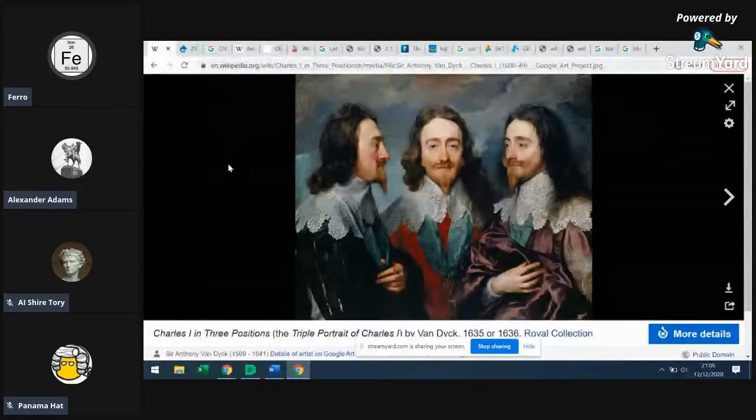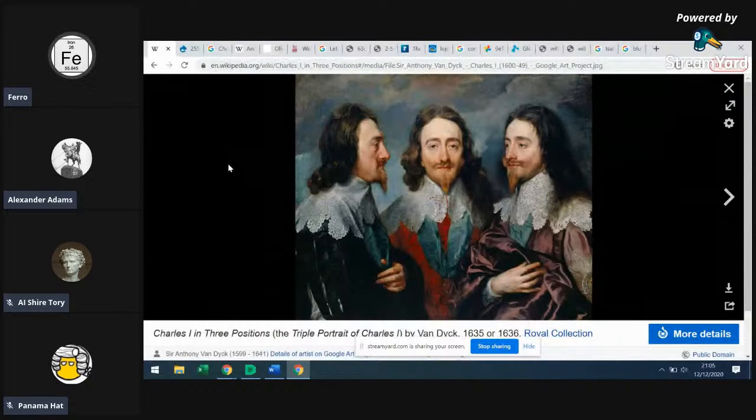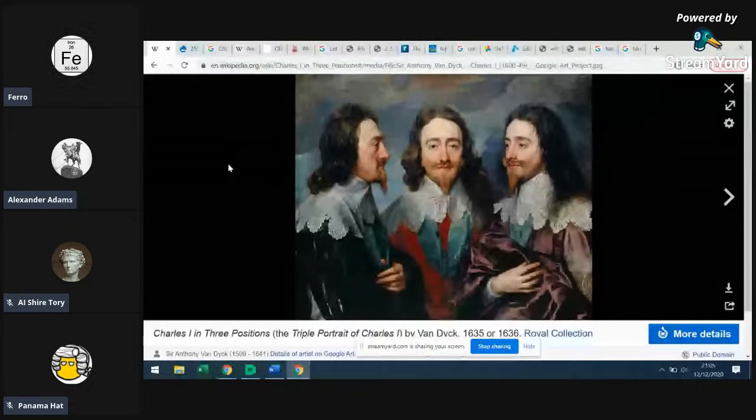One of my favourite paintings from this time is from Van Dyck, and this is his Charles I in three positions. And does anyone know why? Have you guys seen this before at all?